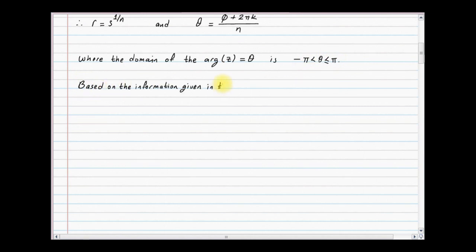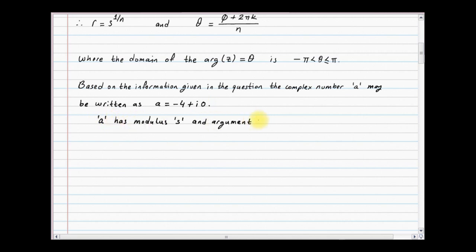Based on the information given in the question, the complex number a may be written as a equals minus 4 plus i times 0, and a has modulus s and argument phi.